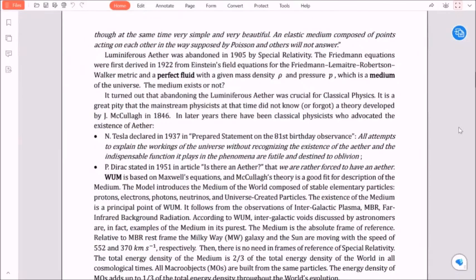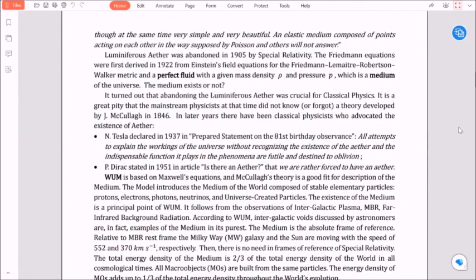It turned out that abandoning the luminiferous ether was crucial for classical physics. It is a great pity that the mainstream physicists at that time didn't know or forgot a theory developed by McCullagh in 1846. In later years, there have been classical physicists who advocated the existence of ether.